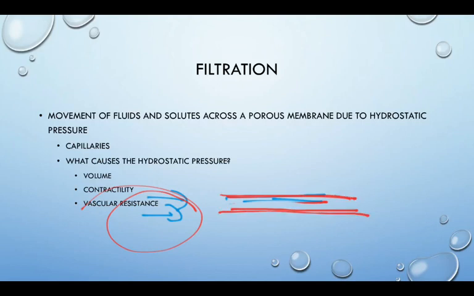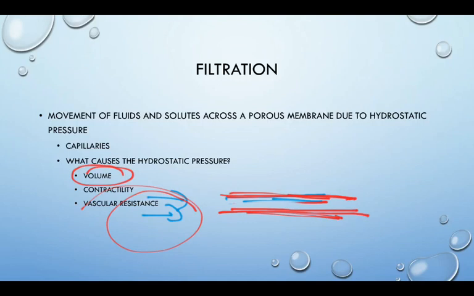Okay? The volume is also a factor related to pressure. The more fluid you have in your blood vessels, the higher pressure it's going to be in there. Now, this is vascular resistance, is being able to make these bigger or smaller. Your vascular resistance goes up as you make your vessels smaller or vasoconstrict.